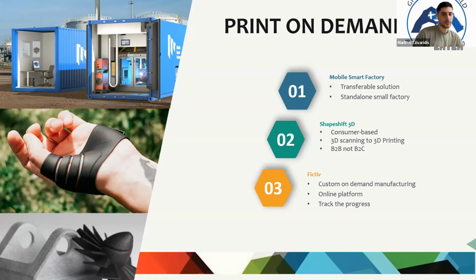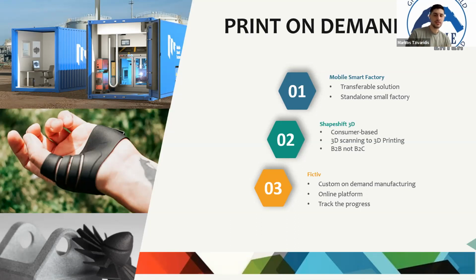The second one is ShapeShift 3D. This initiative is consumer-based, which means that even me and you can ask for a 3D printing model and have it delivered to our house. The company focuses on designing the next generation type of products like shoes, bracelets, generally things for everyday use.